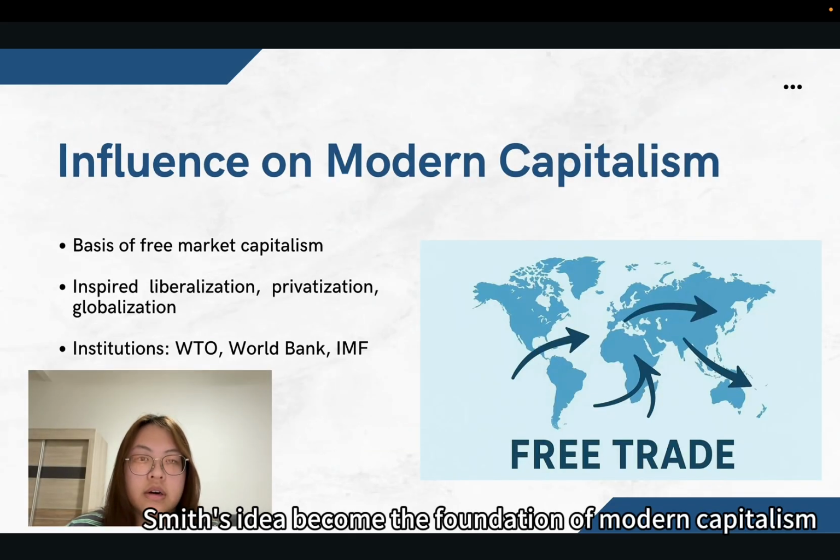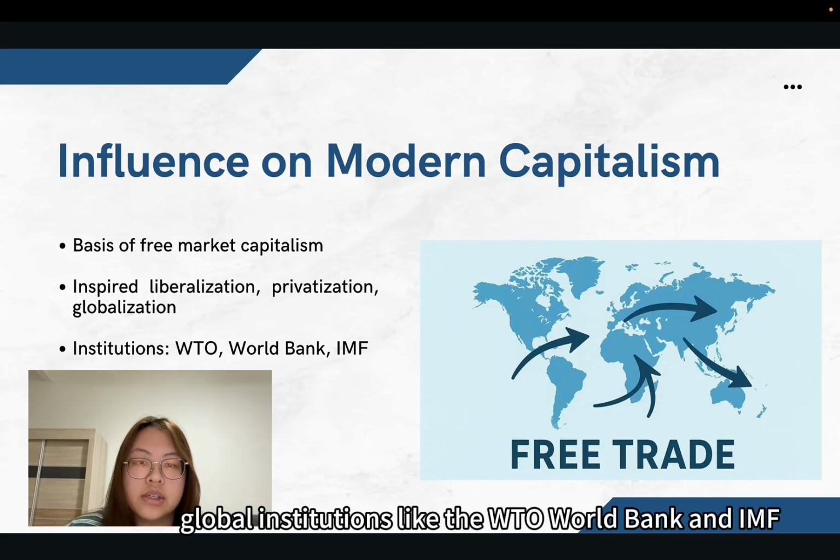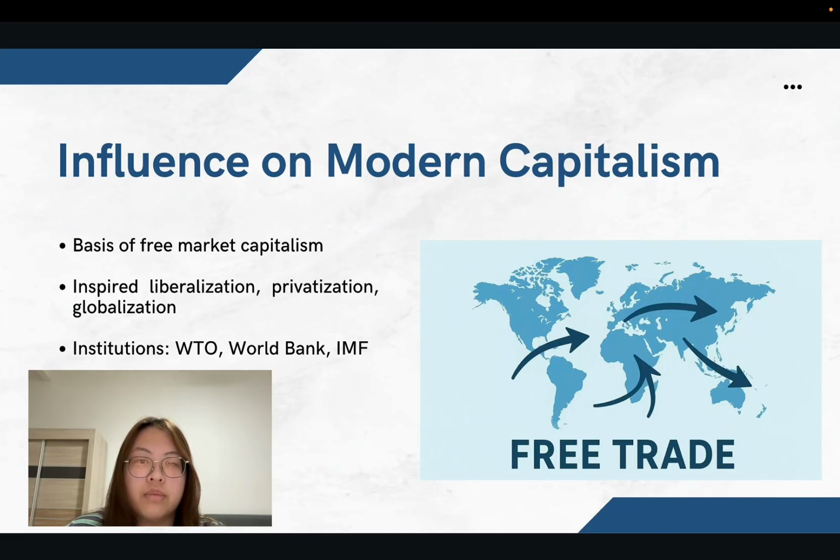Smith's ideas became the foundation of modern capitalism. The invisible hand supported the rise of free market economies. His work inspired liberalization, privatization, and globalization policies. Global institutions like the WTO, World Bank, and IMF are built on free trade principles.